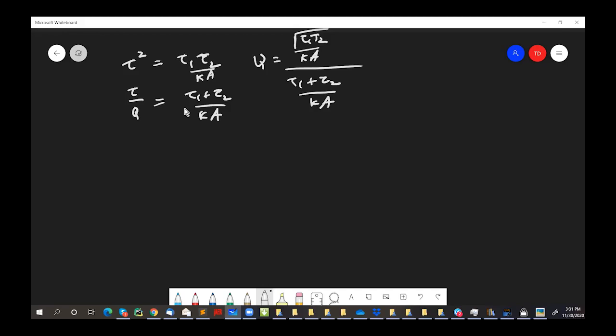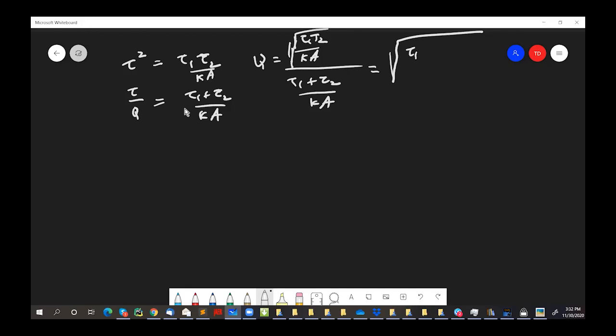Q is equal to tau divided by that, and tau is equal to that square root. There's a square root around the whole thing. Okay, it's like this. Somebody please tell me if I'm wrong. So now I can write this out. It's actually cool because now it's all inside a big square root.